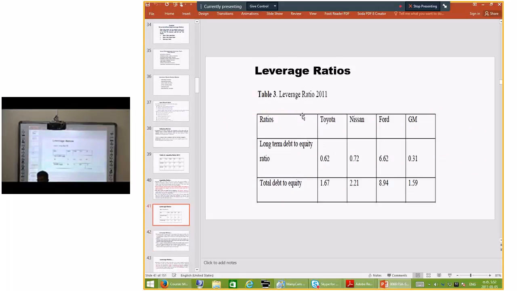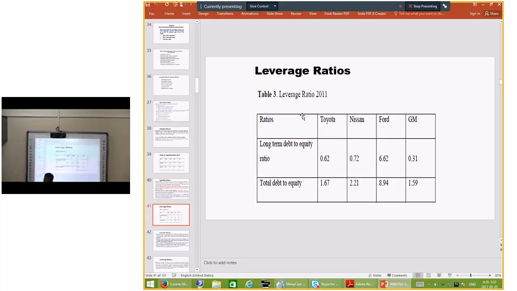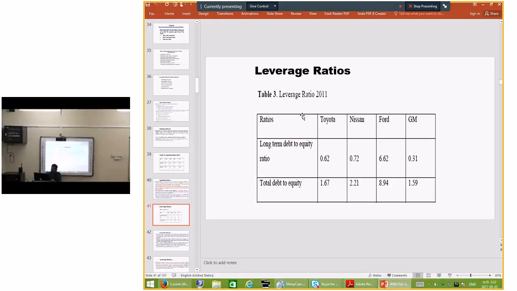Here again, if you compare with the leverage or capital structure ratios, the long-term debt to equity, if it is less than 1, that means equity capital is higher. Long-term debt to equity means long-term debt over equity.